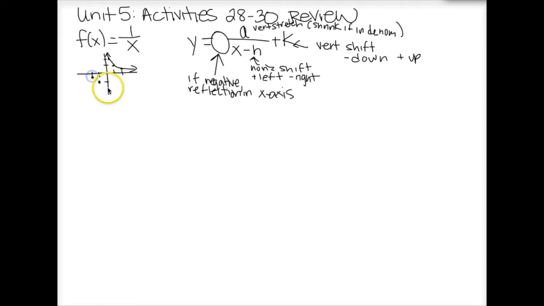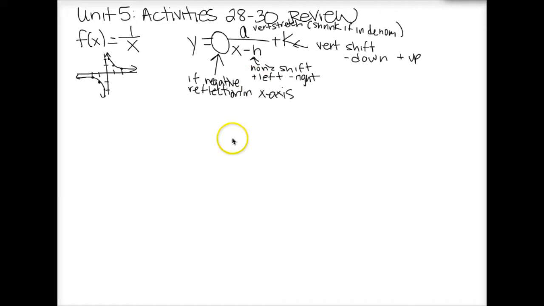So if you end up with a reflection, remember that means it's going to flip them so that they're in quadrants 2 and 4. So that's your overview for activity 28. Just going to look at a couple of the problems that relate to that.